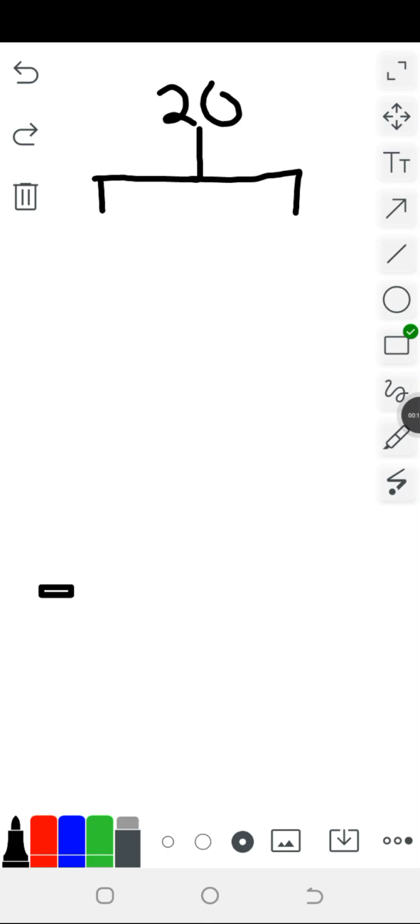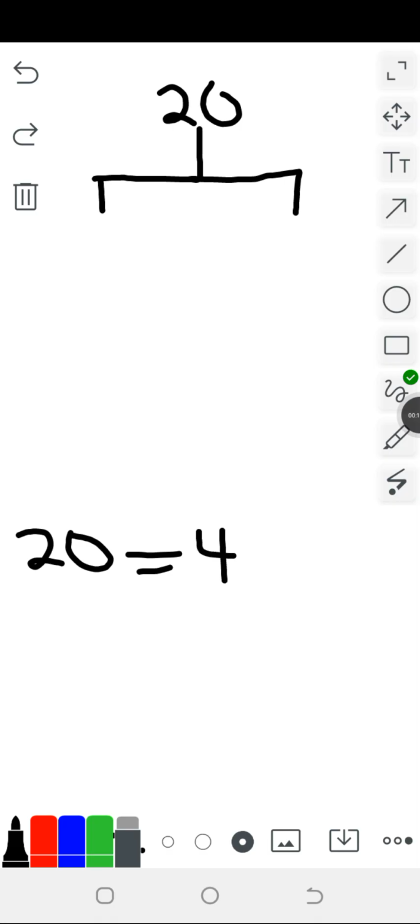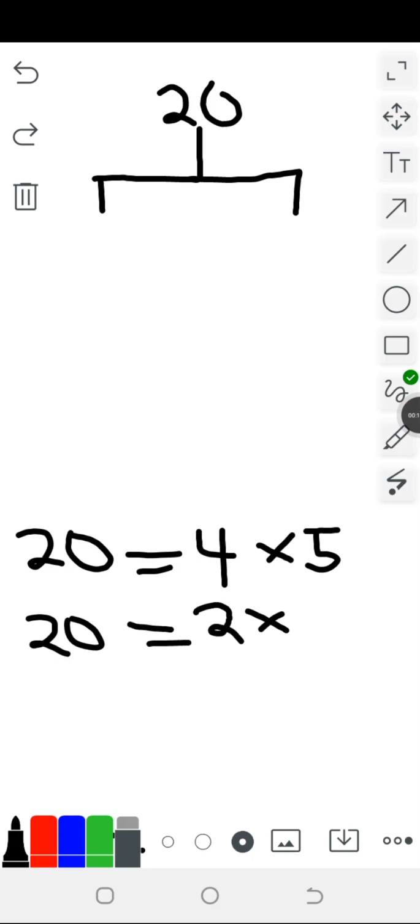Some numbers, when multiplied together to give me 20, are as follows. I can multiply 4 and 5 together to give me 20. Likewise, I can multiply 2 and 10 together to give me 20.